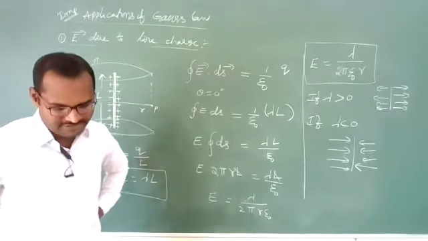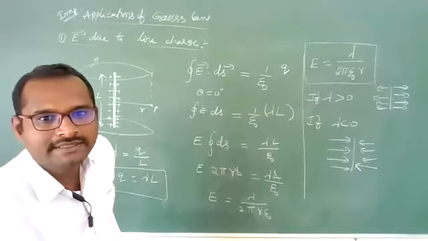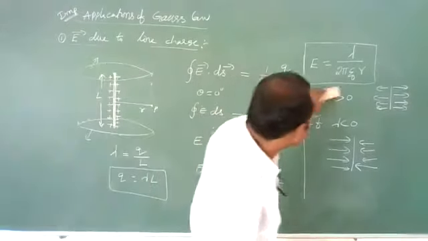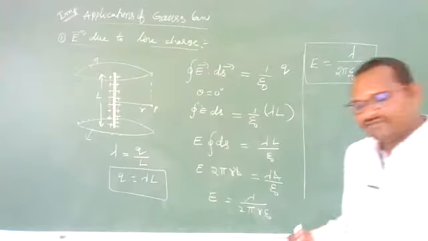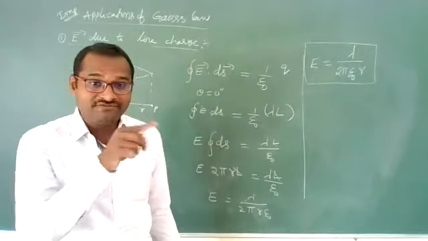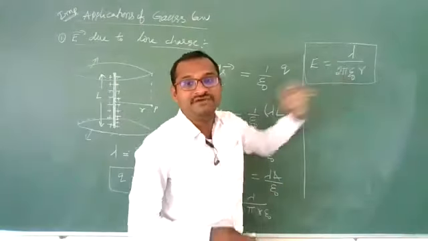Clear, students? And sometimes this expression you may get somewhat differently also. What is that? As you know, the electric field due to a point charge is 1 by 4 pi epsilon naught Q by r square. So we write in terms of that 1 by 4 pi epsilon naught.